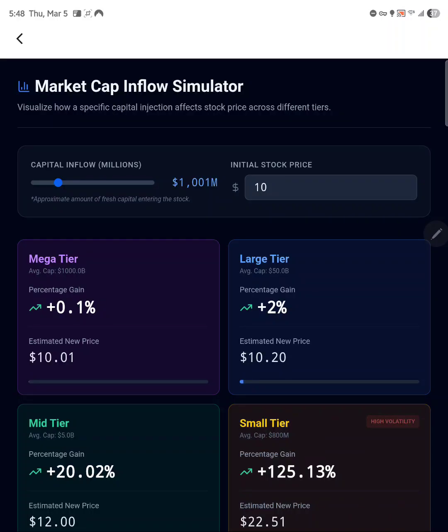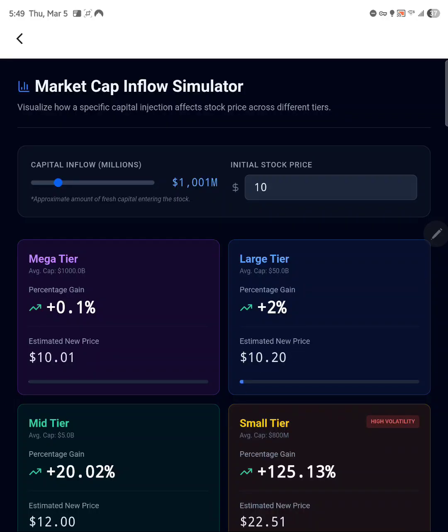So that $1 billion was not enough. Now on the other hand, a company worth $50 billion sees a $1 billion inflow of capital. That's a 2% gain. So the stock price went from $10 to $10.20.